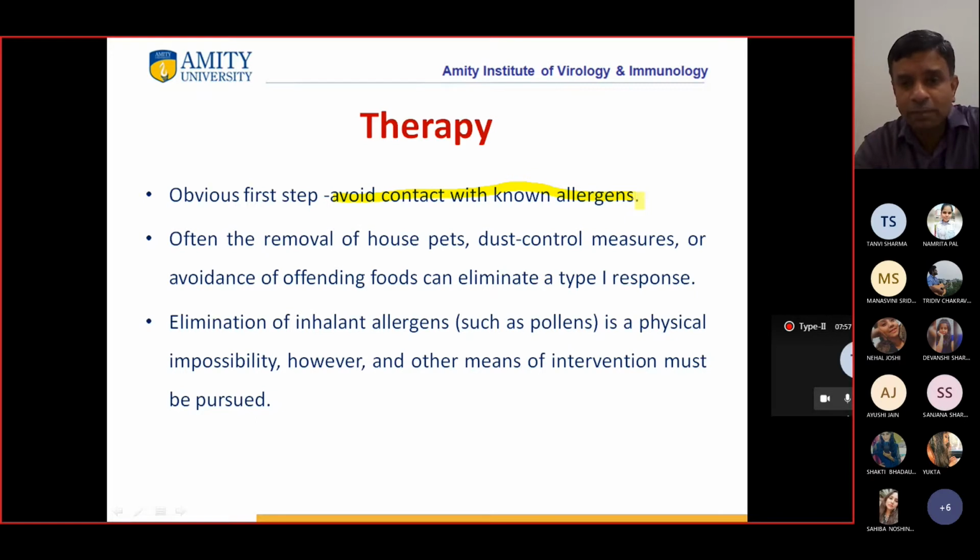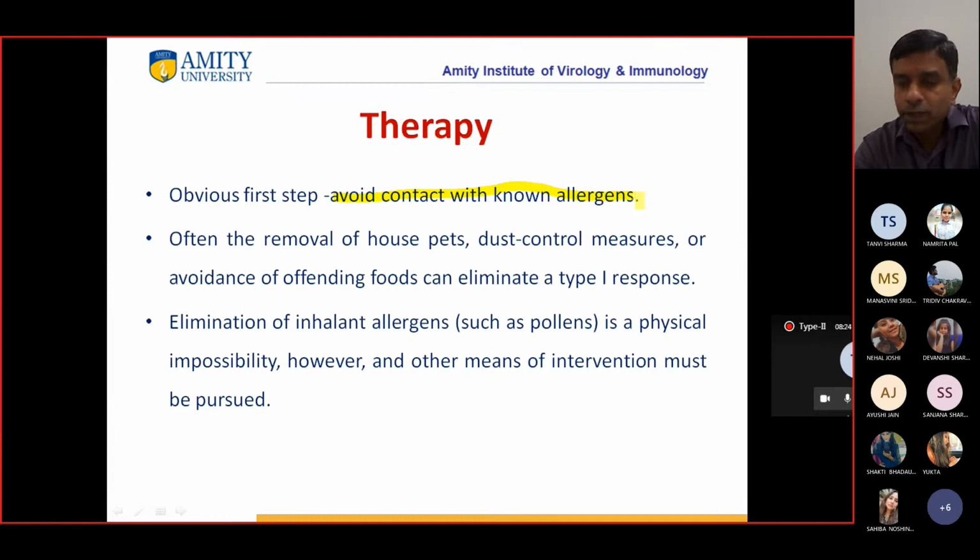But sometimes you cannot avoid those allergens, right? For example, if you move out of your house and you think that there won't be any dust in the air, that is not possible. Now the pollens, they are in the air, again you cannot do anything about it, right?